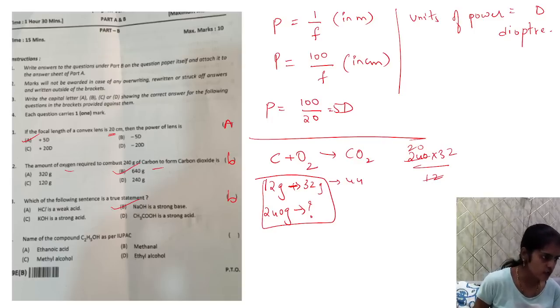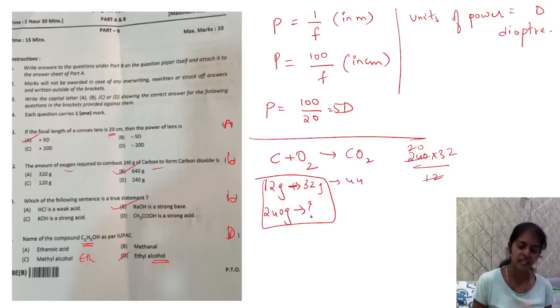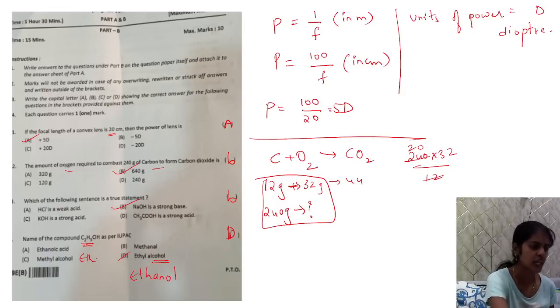Name the compound C2H5OH. C2H5 means ethyl, and OH means alcohol. So ethyl alcohol is the correct one. Ethyl alcohol is also called ethanol. Okay, look into the next one.